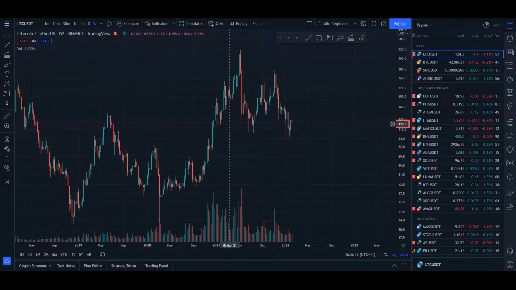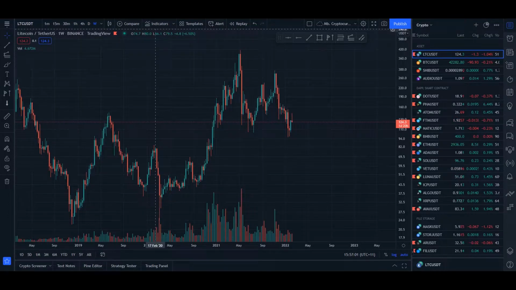For example, you can see this area has been touched a couple of times, and the price has been supported once, twice, 3, 4, 5, 6, 7, 8 times in the weekly time frame. So that's why we can put this as a major support area. As you can see, this area was also touched back in 2019.